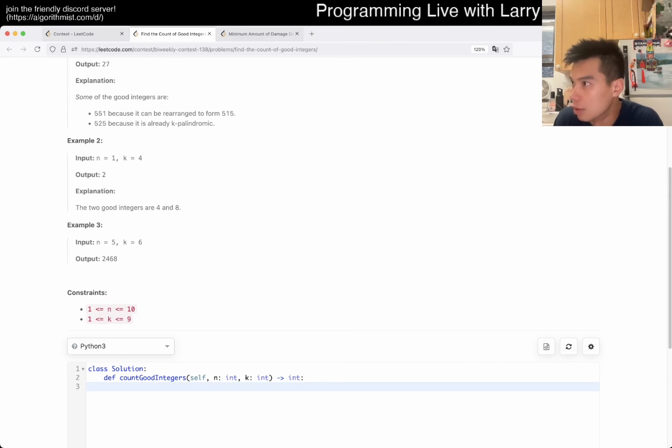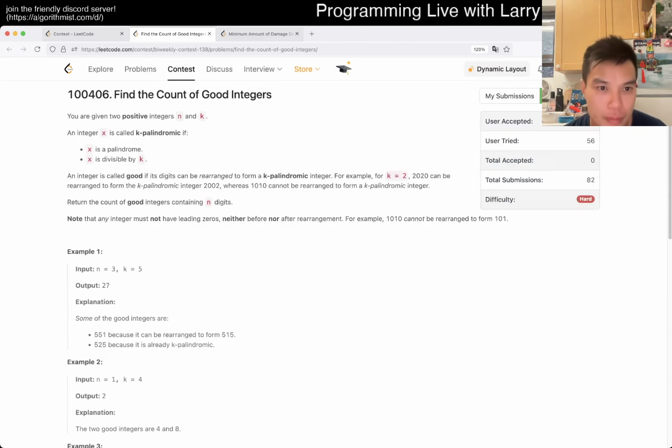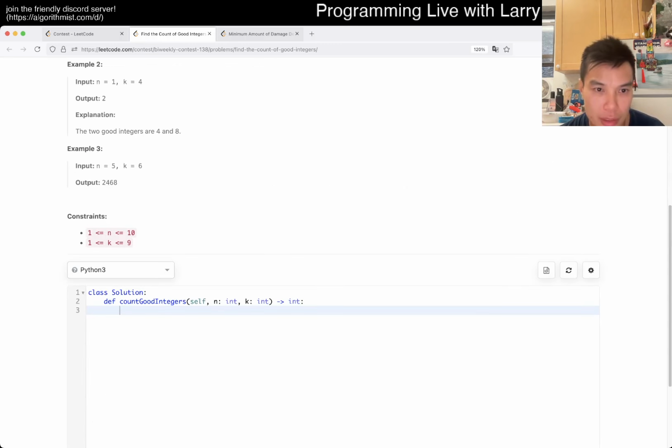That means we want, and it's n digits. If n is odd, then we just take everything, right? Divisible by 6. Bitmask dynamic programming sounds right, yeah.